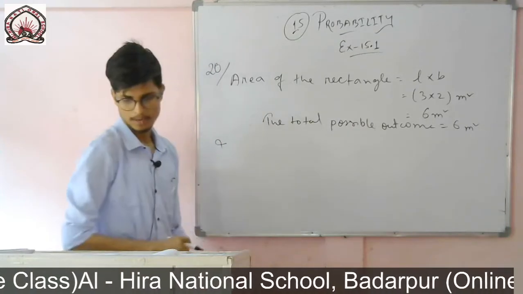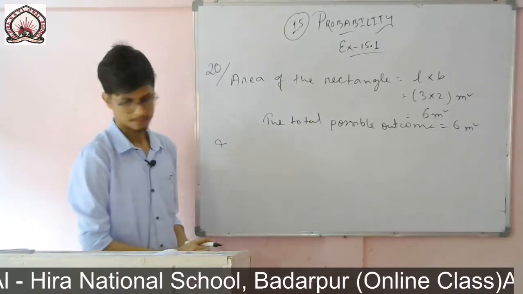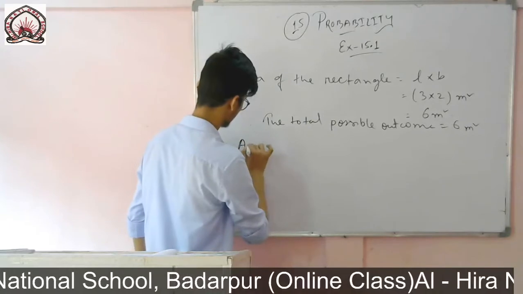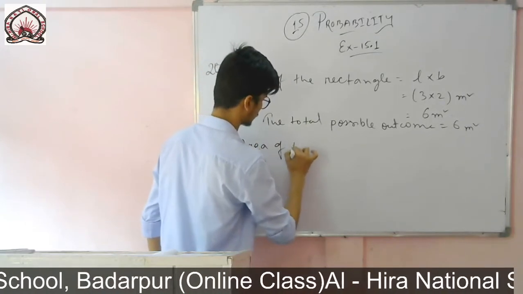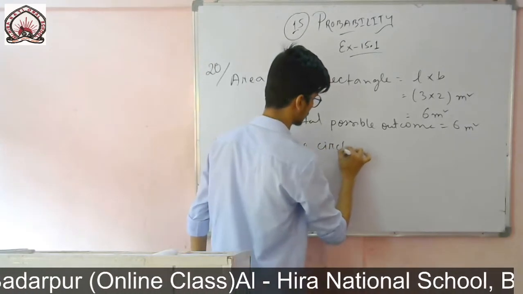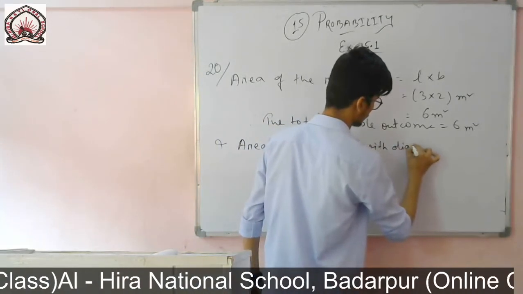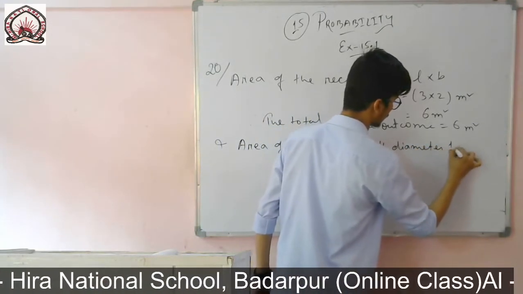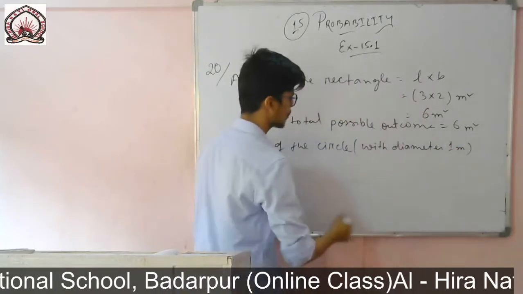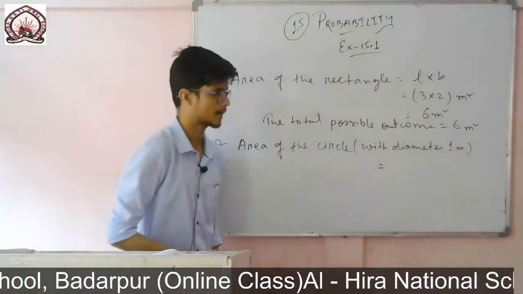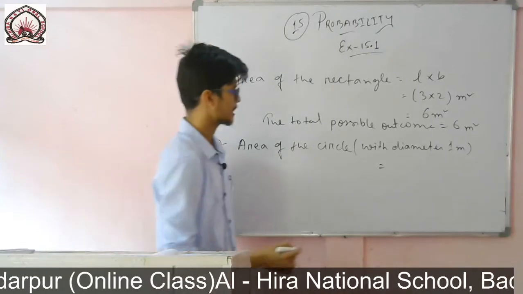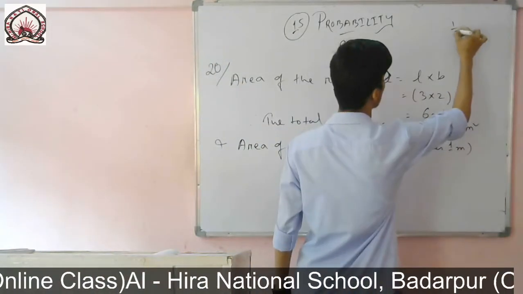And now I will find the area of the circle of diameter 1 meter. So you write area of the circle with diameter 1 meter. We know the formula is pi r squared. The diameter is 1, that means the radius will be 1 by 2.